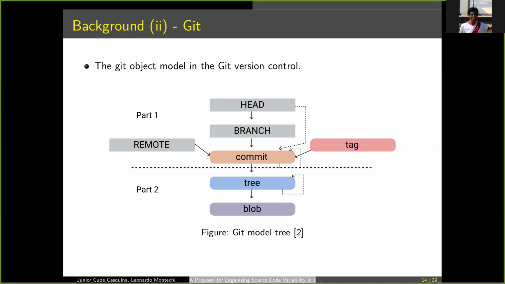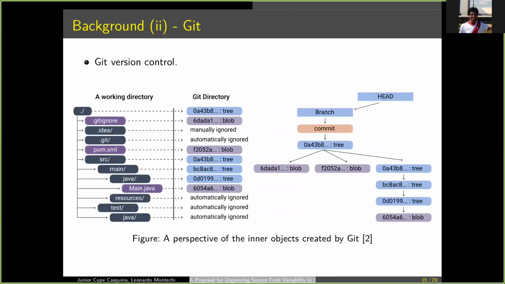We know that developers know how to create a commit and merge branches. That is in the part 1 of the Git object model. But most of them don't know that there exist the tree and blob objects that store the information. For example, here we have a working directory.